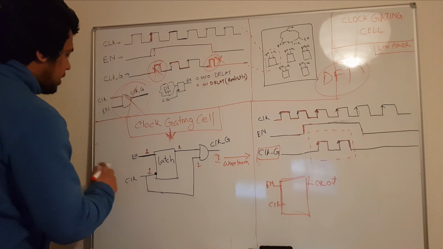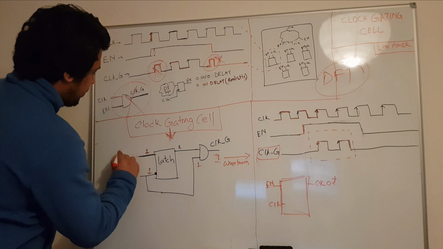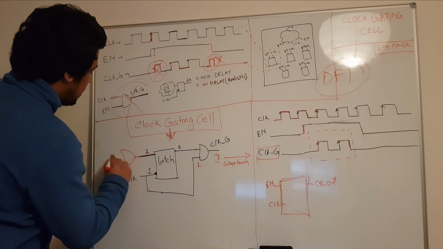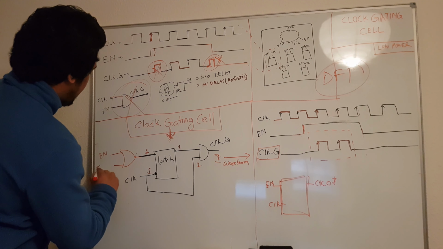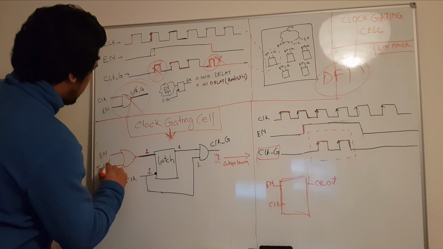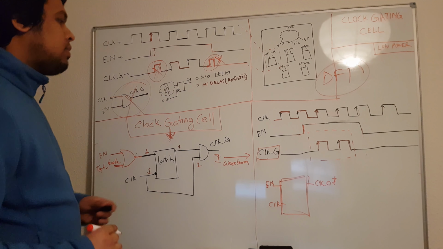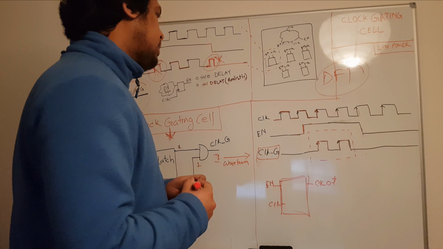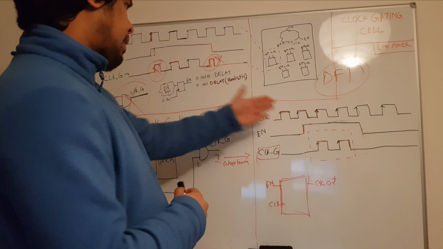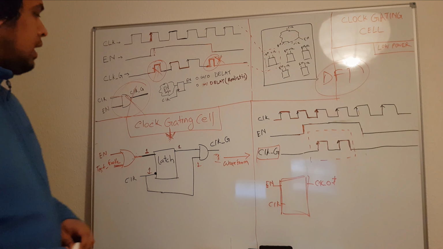So sometimes what we do here is that we take an OR gate, and we connect one with the enable and another one with the test enable, so that the clock gating is enabled both for the application and also for the test. So sometimes it's also being done.